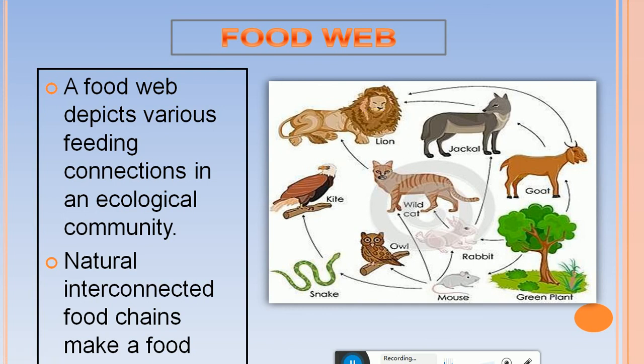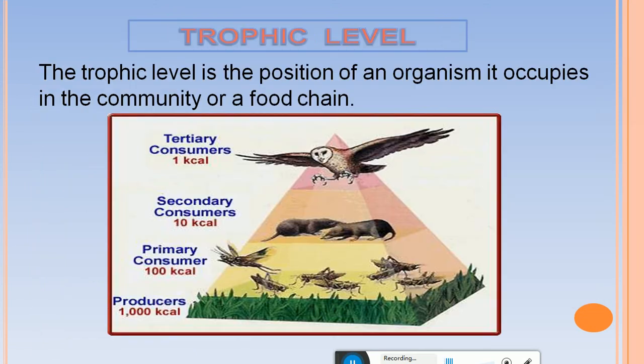Similarly, this wild cat may eat the rabbit, so it becomes a secondary consumer, and in turn the lion may eat the wild cat and become the tertiary consumer. Similarly, the mouse may be eaten by an owl or by a snake, and the snake can be eaten by the kite. This is the interconnection between different organisms, and it is called the food web.